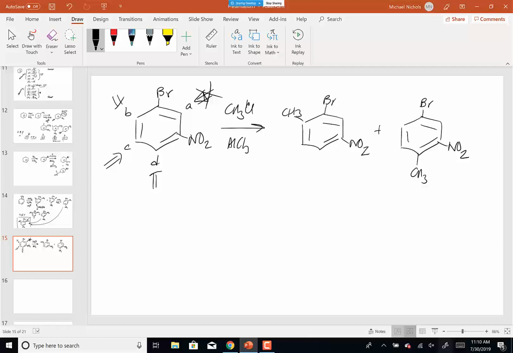A student, who I still remember because they're a physician down at Akron Children's Hospital, said, do I really need to worry about that, because can't I just jump right to the group that's highest on the list, and that's the one that's going to direct? So I don't have to worry about whether they're directing to the same position or opposite positions, because ultimately the group on the top of the list is going to direct.